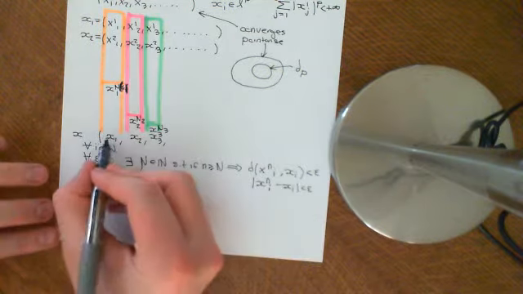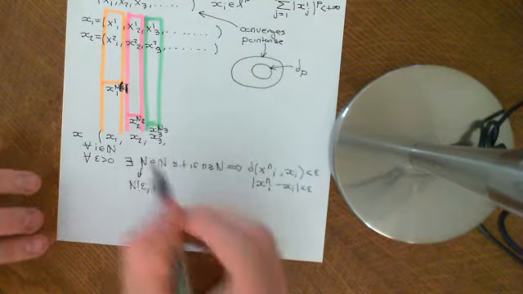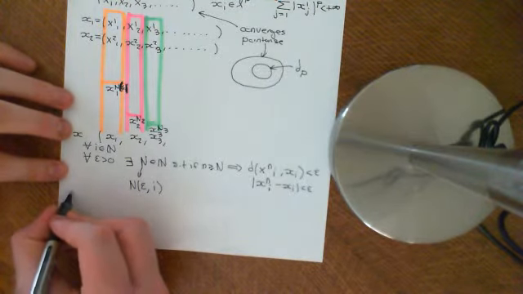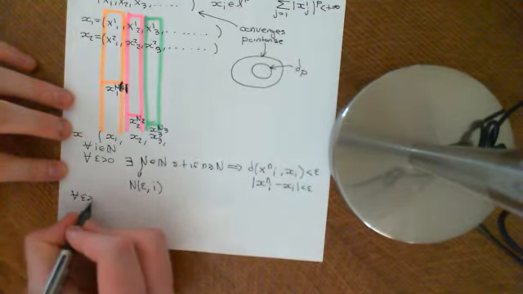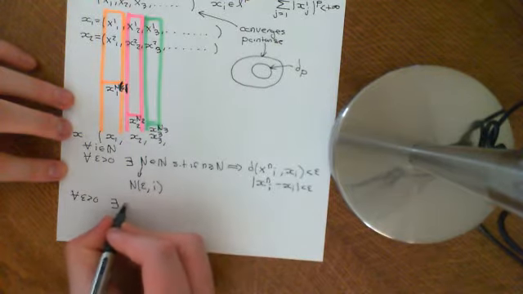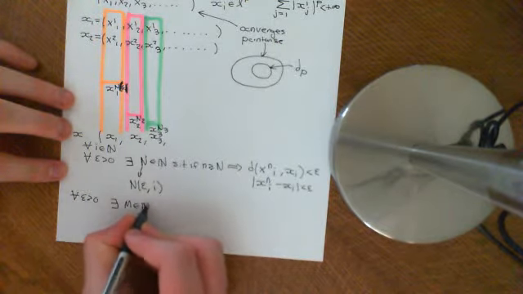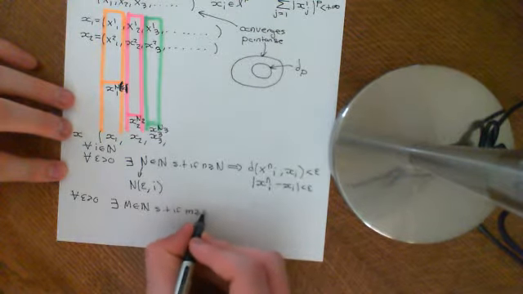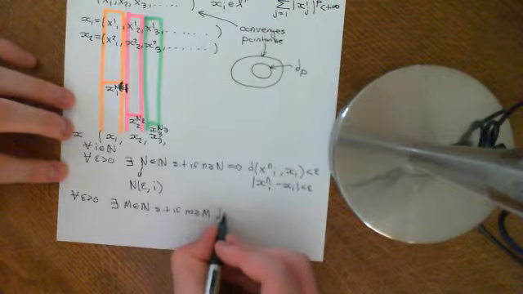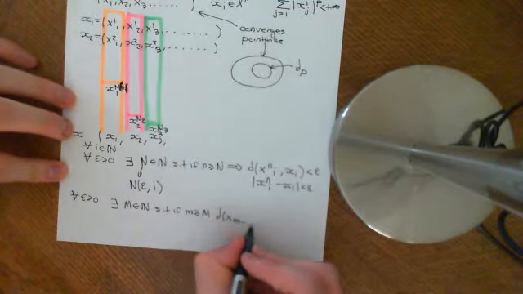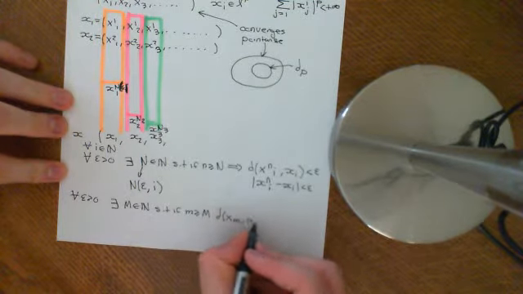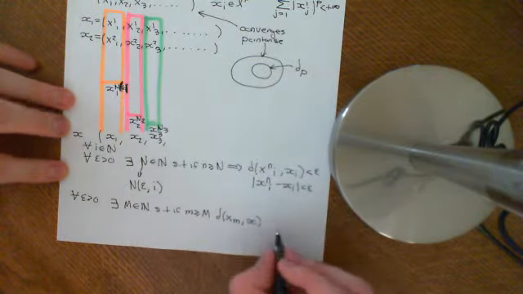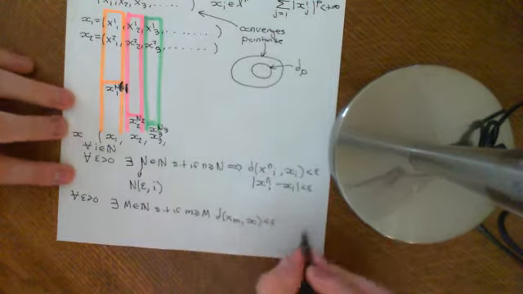If we wanted to prove that, then what we would need to prove is that whatever epsilon you give me, so for all epsilon greater than 0, I would be able to find some big M, an element of the natural numbers, such that if little m is greater than or equal to big M, it would imply that the distance between the x little mth sequence and this limit sequence, this sequence of termwise limits, needs to be less than epsilon.